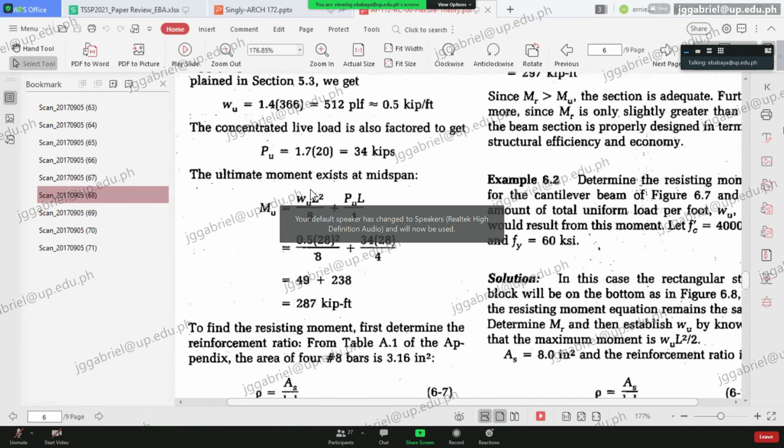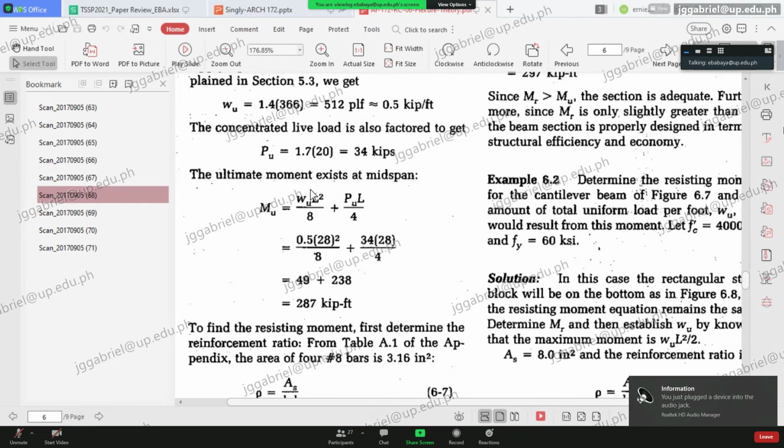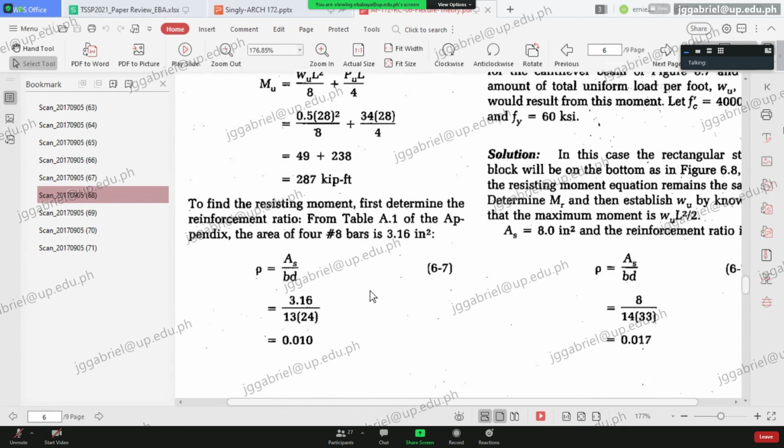WL squared over 8, and then due to a concentrated load at midspan, the maximum moment that it contributes is PL over 4. We use the factored distributed load, factored concentrated load, and we get the ultimate moment. Plugging in the values, you get 287 kip foot. Now, we compute for the rho.